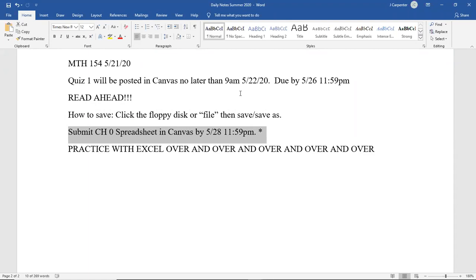I think I did, but if not, I will double check the second that class ends. And if it's not up there, then it will be up there by 10:45 a.m. So that's due by Thursday, midnight. Remember, that's our typical deadline for things, midnight of the day that it's due.